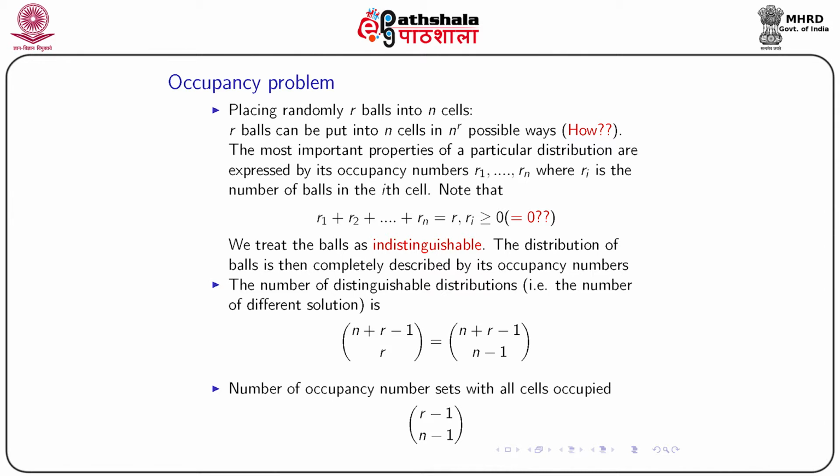Now if we put another restriction that all cells must be occupied, in that case the number of occupancy number sets with all cells occupied will be r minus 1 choose n minus 1. Now how do we prove these two results?